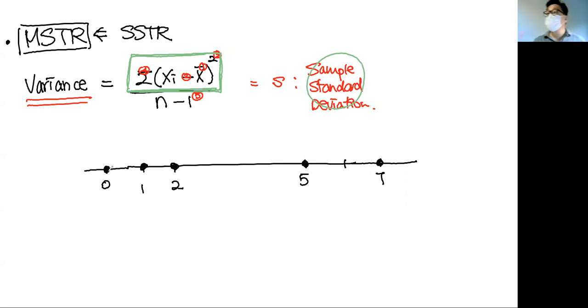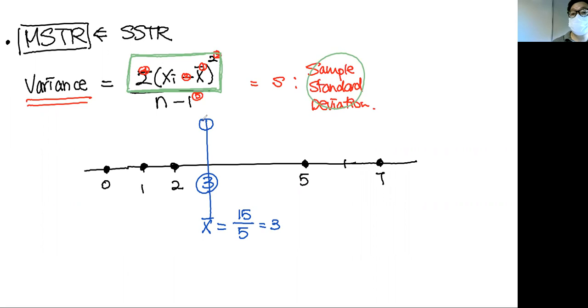Now we have to divide it by 5. So the sample mean will be... no, I'm sorry, it's not 5, it must be 3. Let me change. It's x bar, the summation 15 divided by 5, 3. Step number 1.